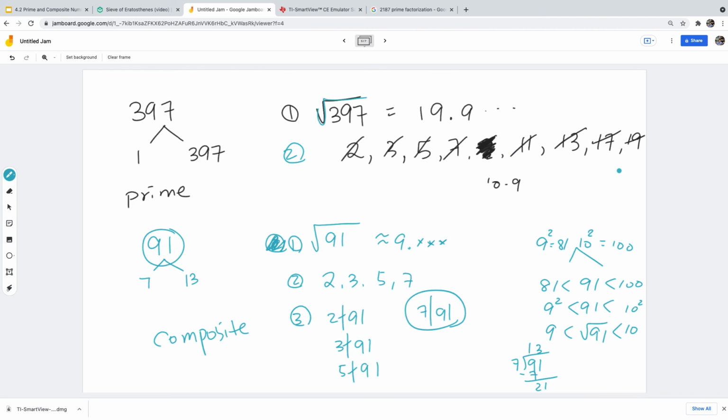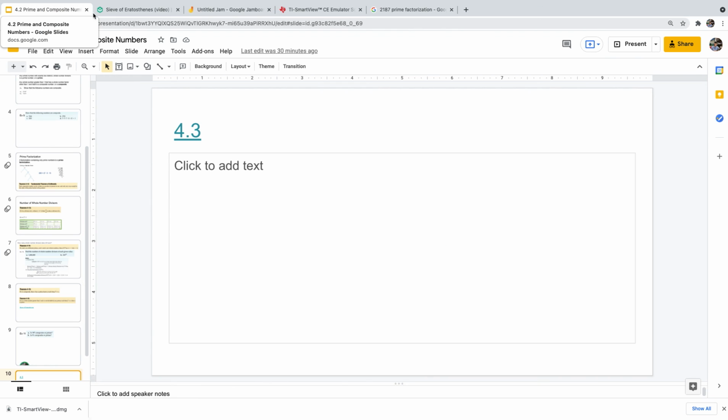If no prime number less than or equal to the square root of that number is a factor, then you can say, oh, this number is prime. If you find any divisor of that number that is less than or equal to the square root, then it becomes a composite number. Okay, so that's very powerful, and I want you guys to understand that.